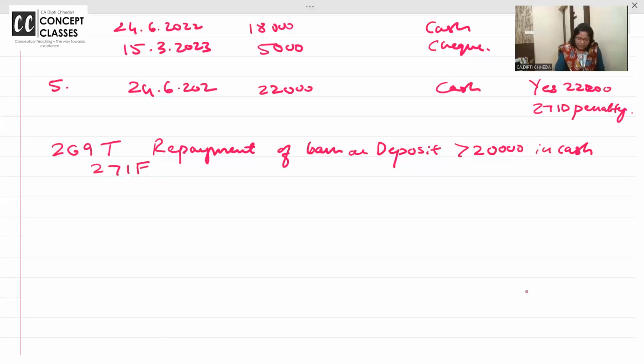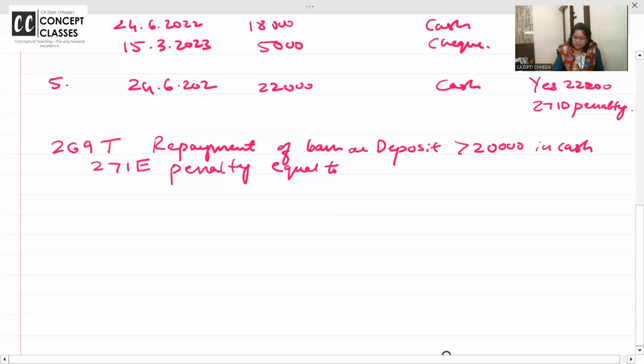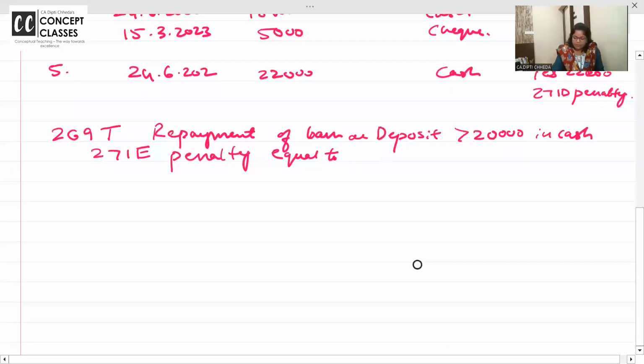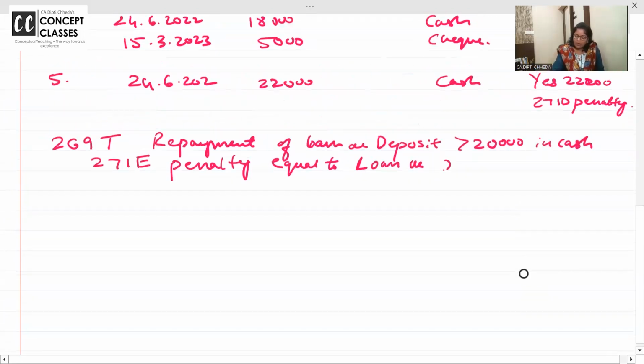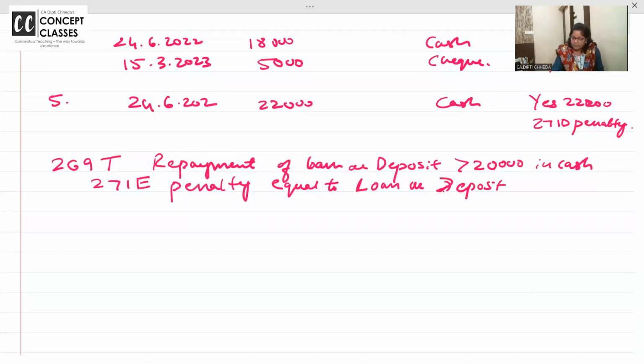Then 271E penalty will be levied, equal to the loan or deposit in cash. Write the example quickly.